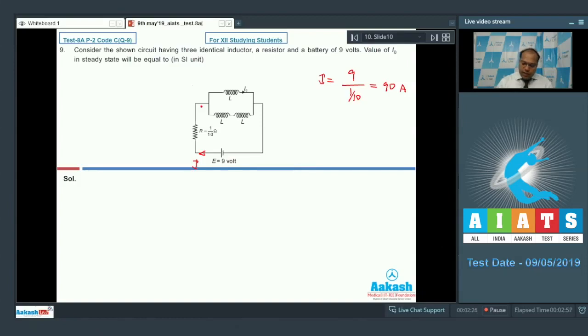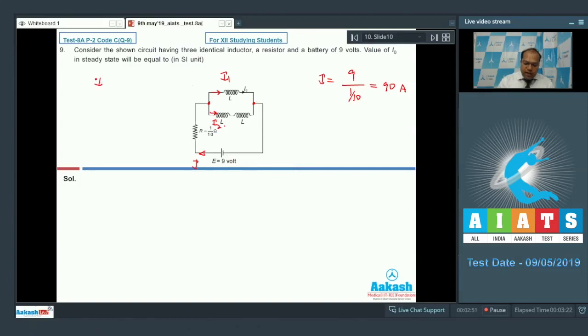Now this current gets distributed at this junction. Let the current in this branch be I1 and the current in this branch be I2. The induced EMF across these two branches will remain the same. So L1 di1 by dt is equal to L2 di2 by dt, and on integration we get L1 I1 is equal to L2 I2.